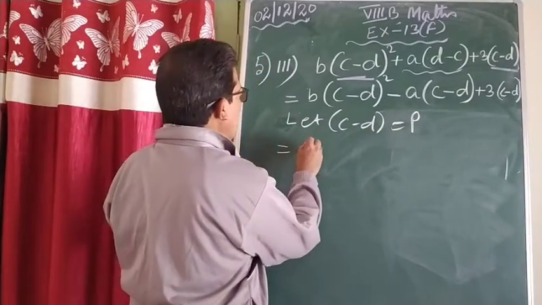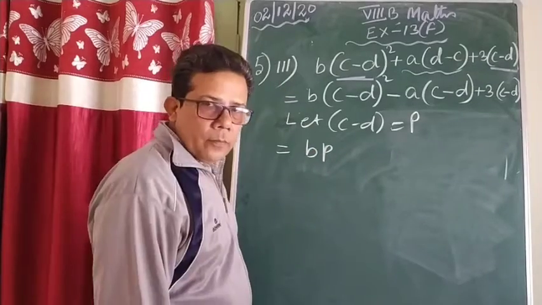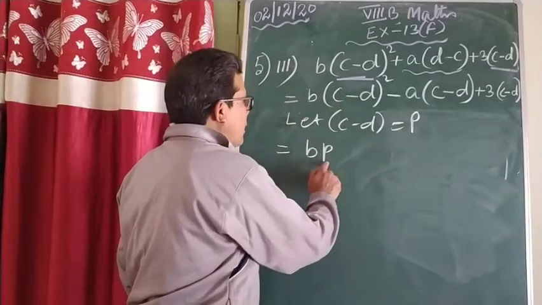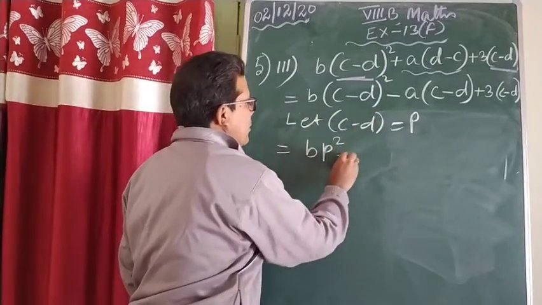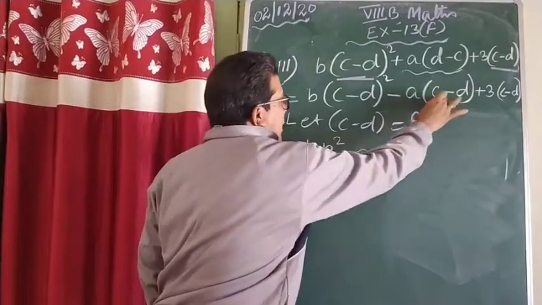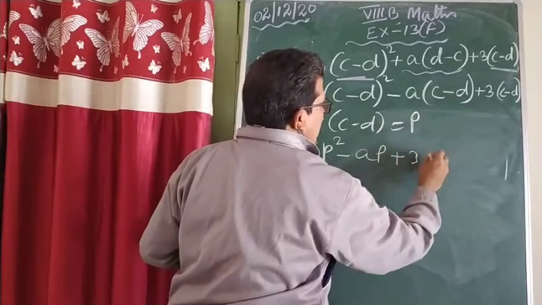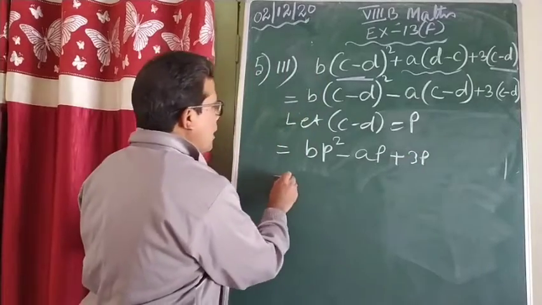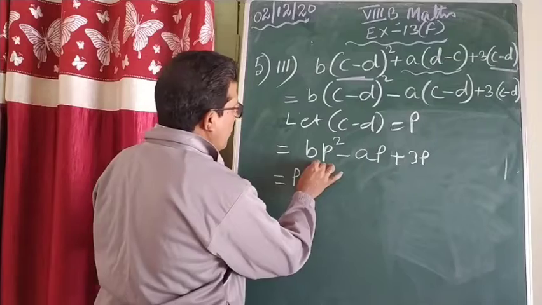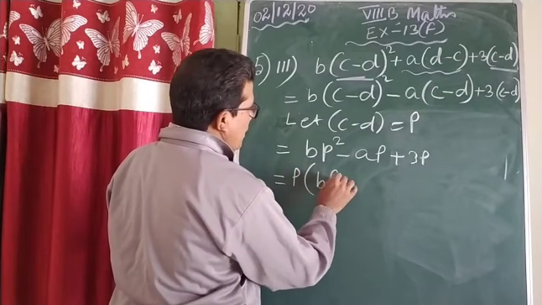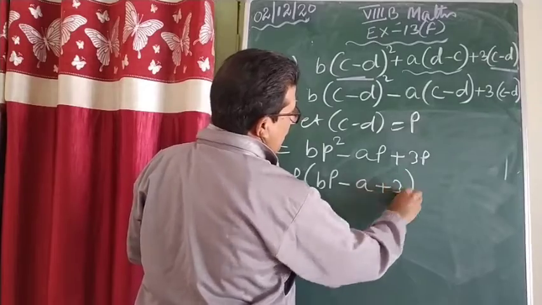Now if it is like that, you can write B P squared minus A times P plus 3 times P. Now will you be able to take the common or not? P is the common. What will come? P times (B P minus A plus 3).